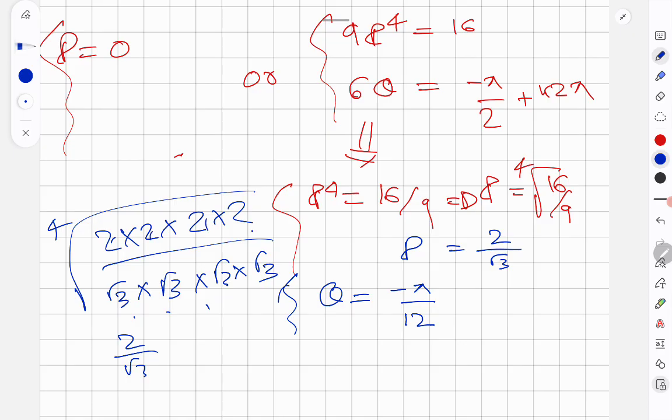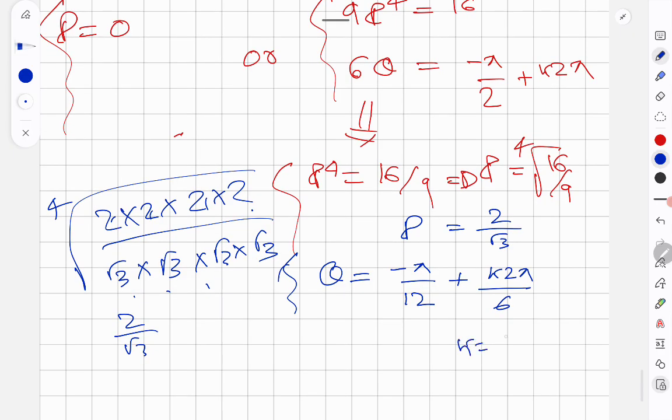If you take the fourth root, you just take one of these, so rho is 2 over root 3. 6 theta equal to this, theta equals this divided by 6. And the value of k must be less than this 6, so it's 0, 1, 2, 3, 4, 5.